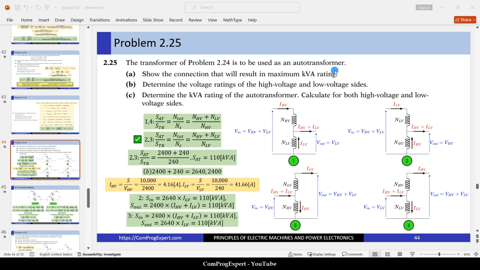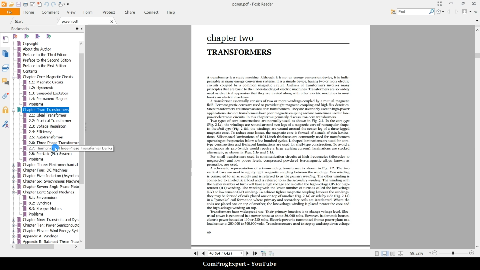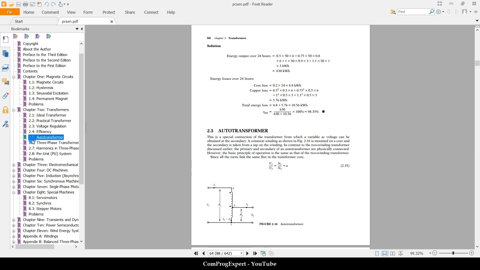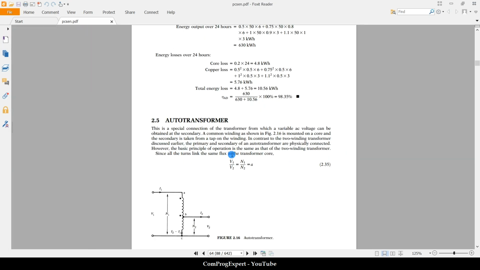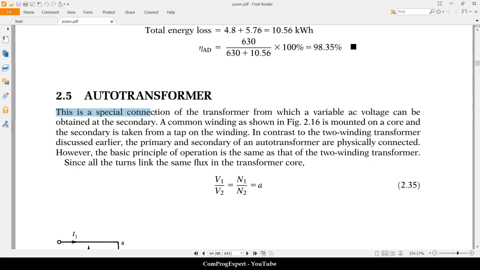Let's review the auto transformer section from the reference, chapter 2, section 2.5, auto transformer. This is a special connection of the transformer from which a variable AC voltage can be obtained at the secondary.